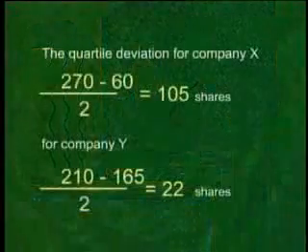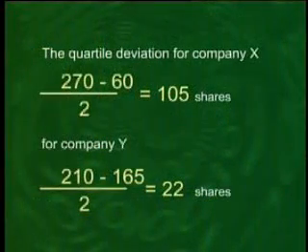Just look at the quartile deviations for the 2 companies again. For company X, the quartile deviation is 105 shares, but for company Y, the quartile deviation is only 22 shares.